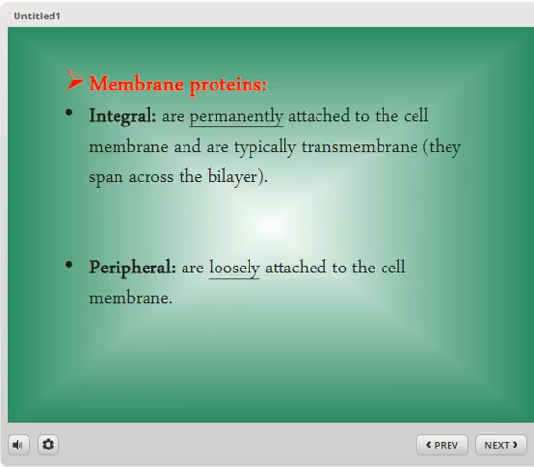As I mentioned, in addition to lipid, the cell membrane is composed of protein. The cell membrane proteins, according to their structure, are divided into two types: peripheral protein and integral protein. Integral proteins protrude all the way through the membrane, and peripheral proteins are attached only to one surface of the membrane and do not penetrate all the way through.